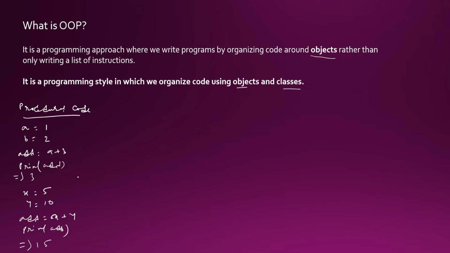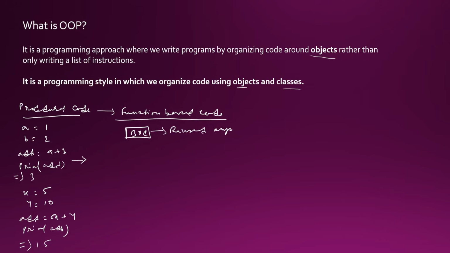Once we have learned all this procedural code, then we move to function based code. Why have we used function based code? To simplify our entire code. In function based code, we just create a block of code, and we reuse our block of code anywhere, wherever it is required, right?